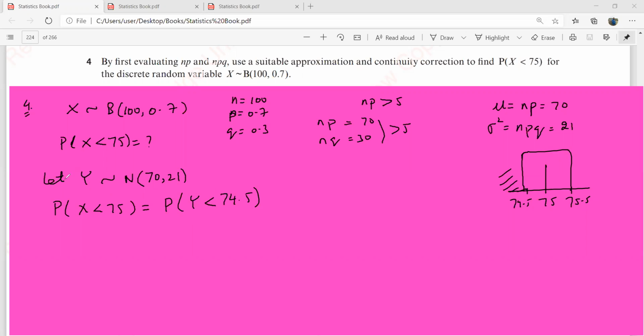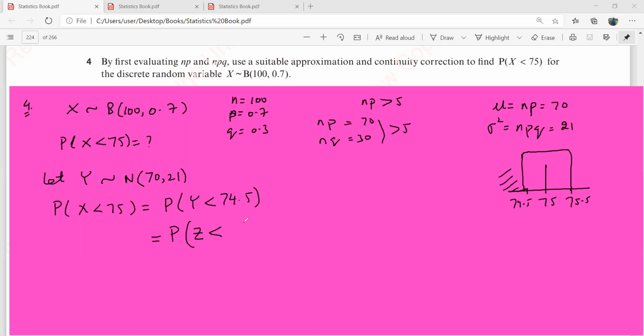Now, this has become a question on a normal distribution, and you are quite familiar with this method. You will straight away go for the standardization of this. So this Z would come in here, where your Z is a standard normal distribution.